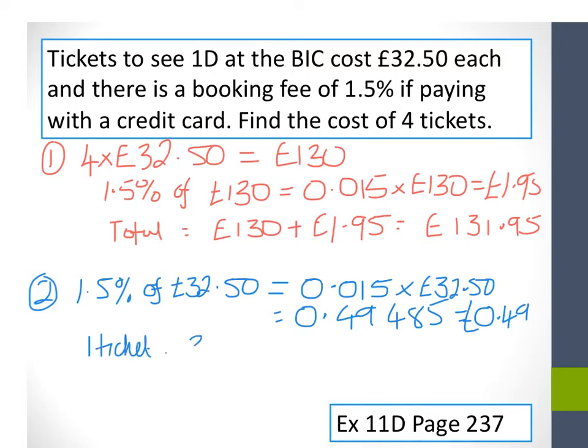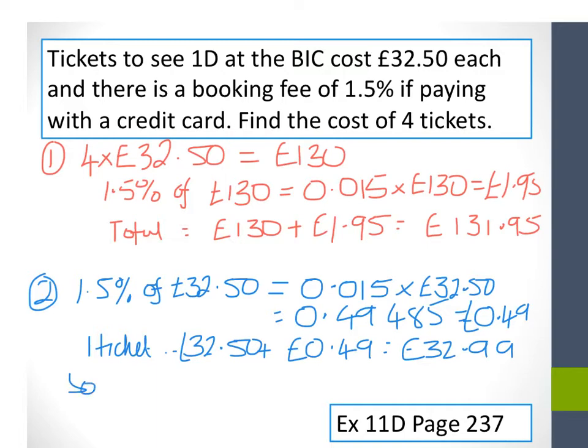So the total cost of 1 ticket is going to be £32.50 plus 49 pence, which will give a grand total of £32.99.